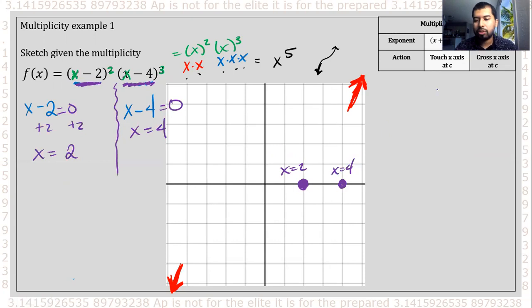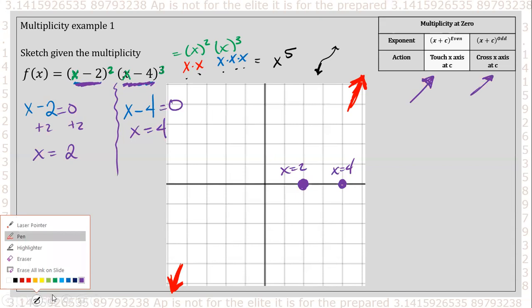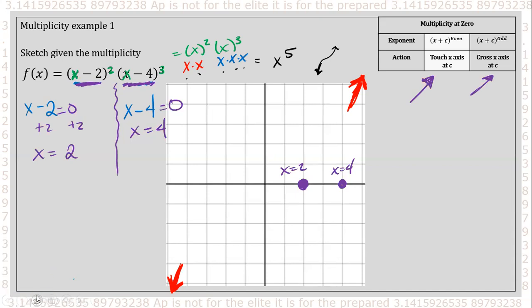All right, so we're almost done. I'm going to hide that so you guys can see I have the same little chart from the other notes. We're going to look at the exponent of each individual factor. Where x equals 2, my multiplicity was an exponent 2, meaning it is even.